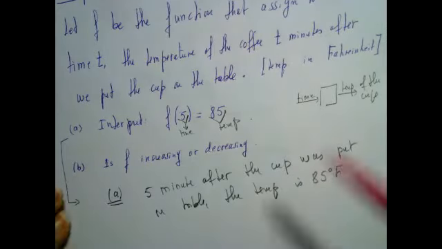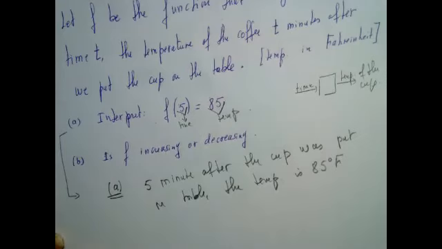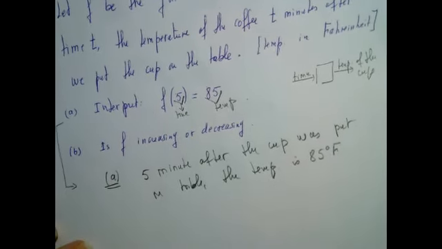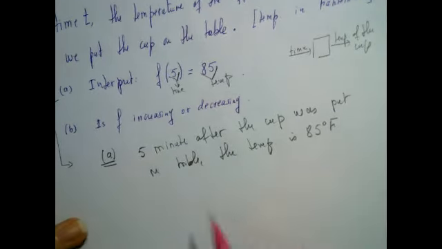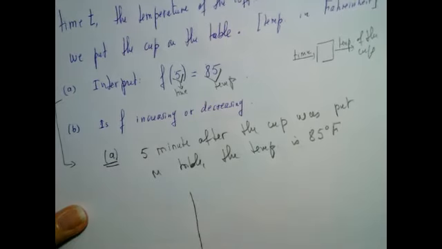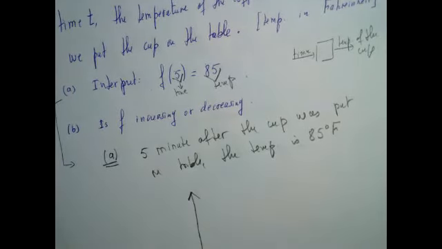All right. Question number 2, again, it's simple. Is the function increasing or decreasing? Okay, if I want to sketch the graph of this function, what should go on the horizontal axis?